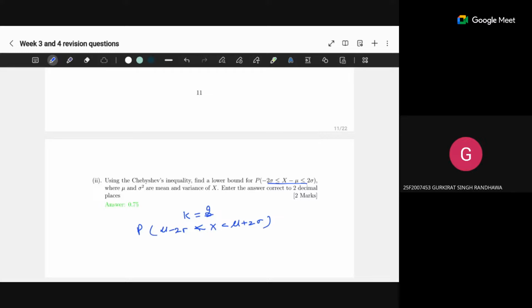So this is basically mod of x minus mu greater than or equal to 2 sigma, and this will be greater than or equal to 1 minus 1 by k square. Now 2 sigma is basically what my k is.